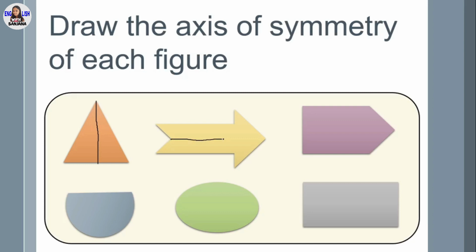From this point to that point. Next, from this point to here. This one also. But here we can draw two line segments. Here also we can draw two line segments.